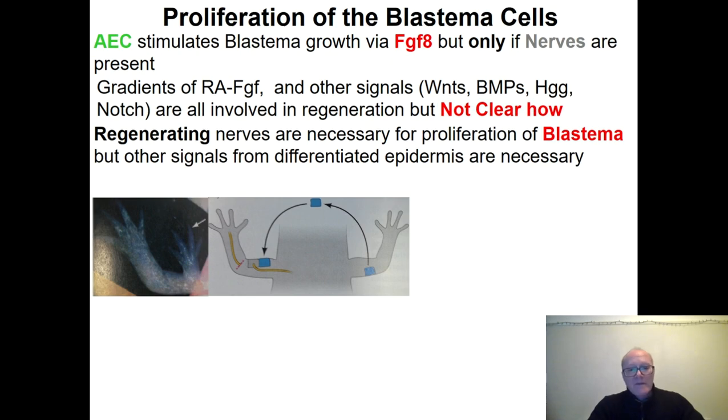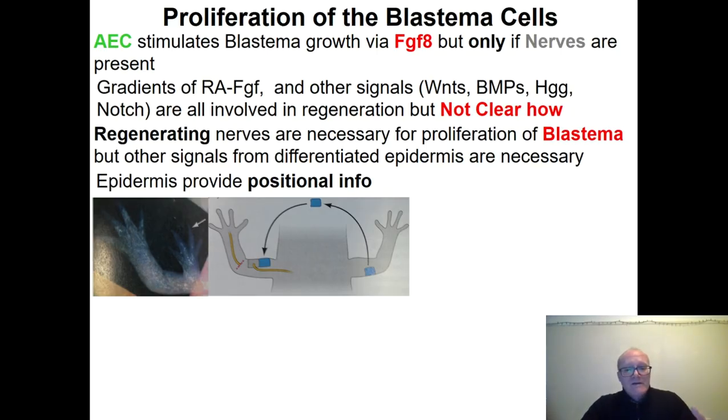In this experiment, a nerve was redirected to a wound, here in gray, of a limb, and a graft of epidermis was grafted near the wound. So here is not an amputation; it's like a cut in the limb. We redirect the nerve to the cut of the limb, and then we graft there a piece of epidermis.